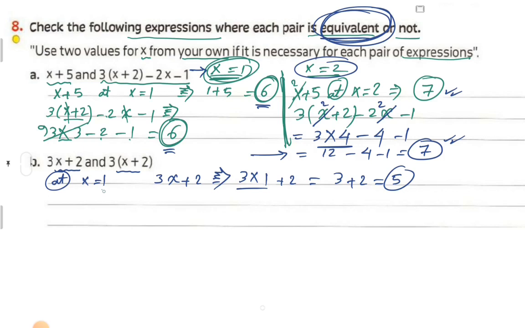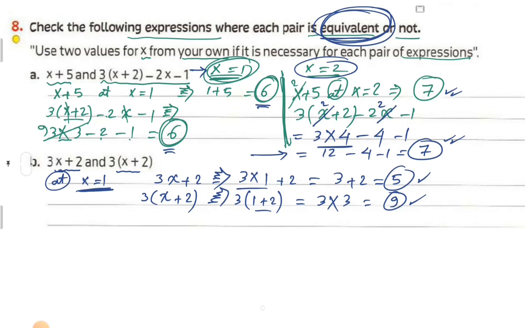At x equals 1 also, the second expression, 3 times (x plus 2): remove x and put 1. 3 times (1 plus 2), first the parentheses. The parentheses result, 1 plus 2 equals 3. 3 times 3 equals 9. From the first trial, I find that it's not the same result, not equal. So I can say that these two expressions are not equivalent.